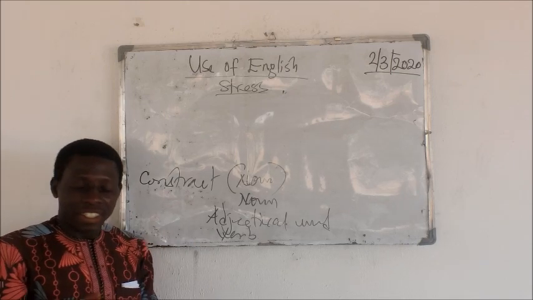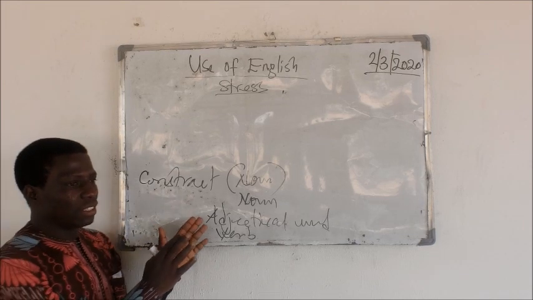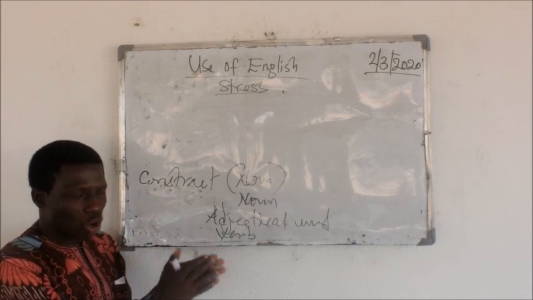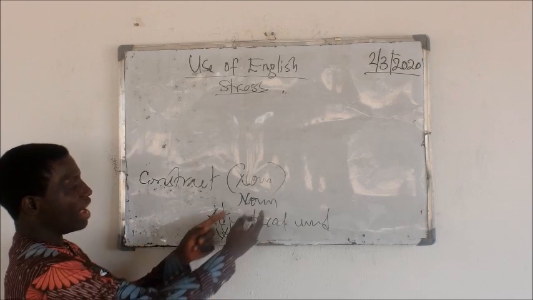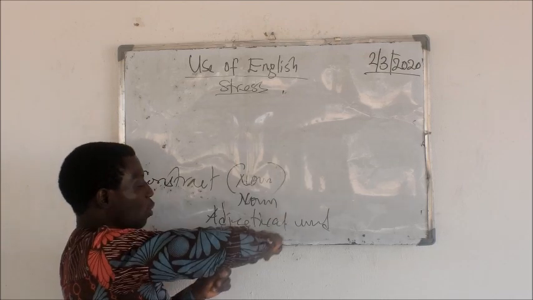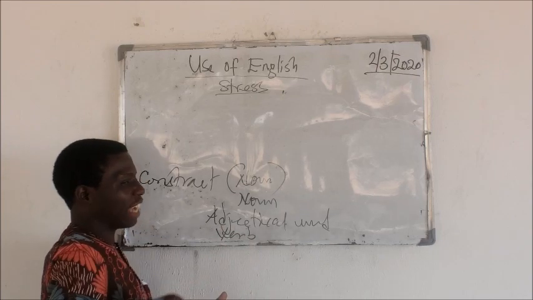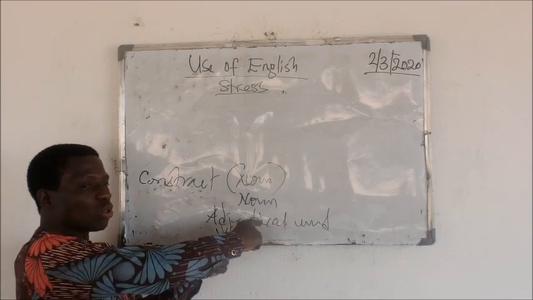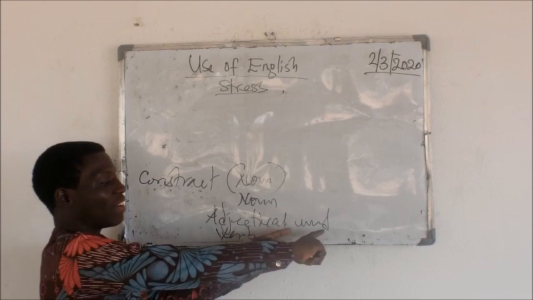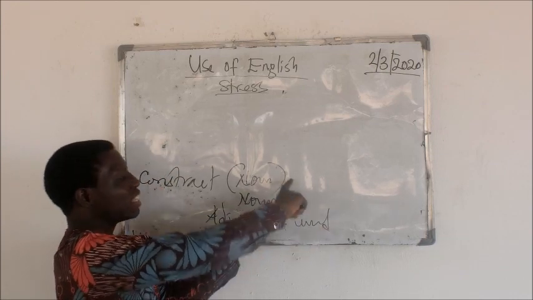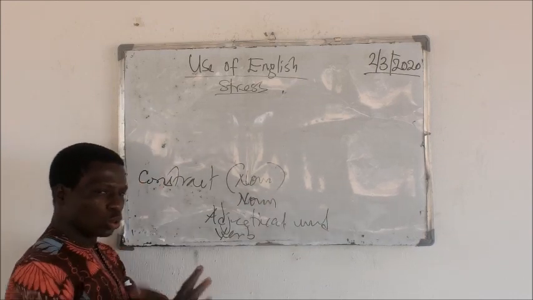So it would be very wrong for a candidate to exchange noun word with verb, because it belongs to different class entirely. Then it is also very wrong for a candidate to exchange adjectival word with noun word, because it belongs to different class.